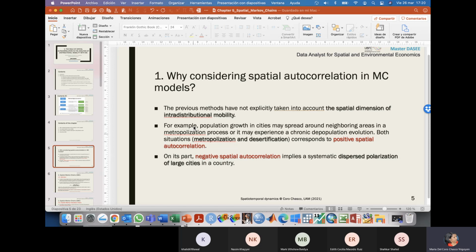But of course, we could find negative spatial autocorrelation. Sometimes it's complicated, because negative spatial autocorrelation is something weird in social sciences, but you could find it. It would imply a systematic dispersed polarization of large cities.